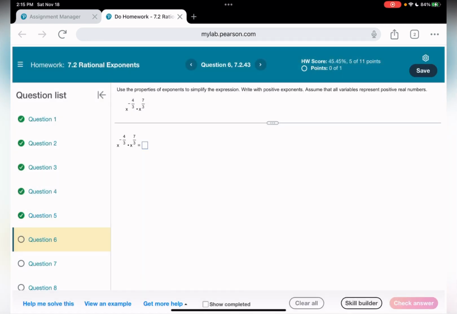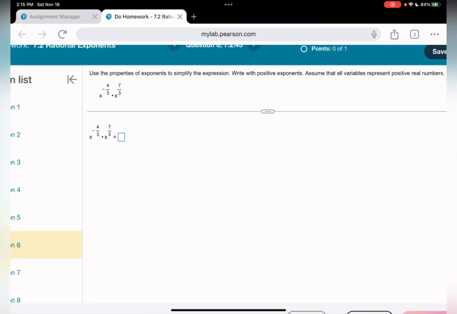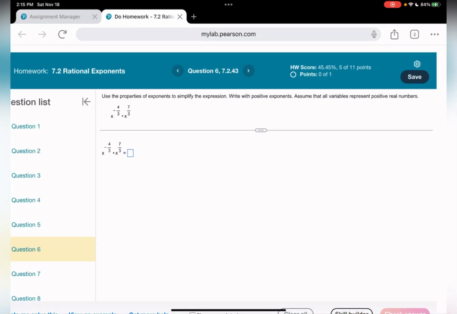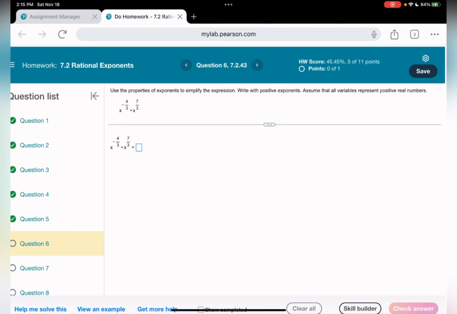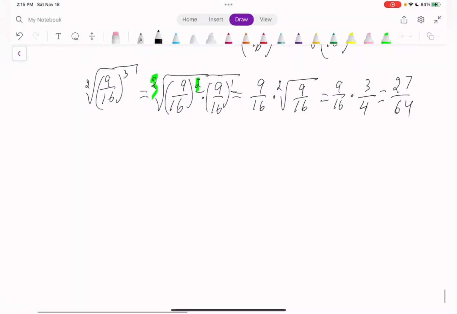Next question. Okay, what is this? X to power negative 4 over 3 times x to power 7/3. Okay, this is going to be the following.